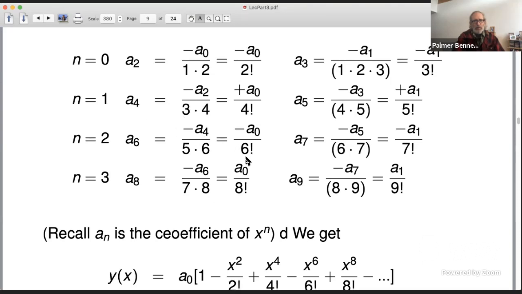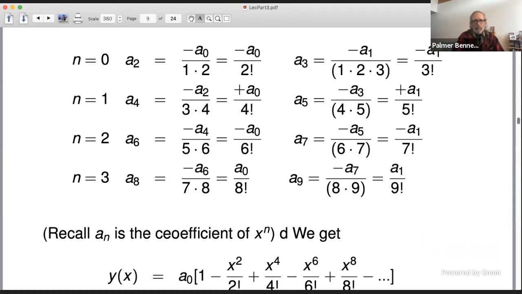A4 is the coefficient of x to the 4th. That's equal to A naught over 4 factorial. The A naught is outside here. So you get x to the 4th over 4 factorial. This one is going to give you minus x to the 6th. A6 is this. So you're going to get negative x to the 6th over 6 factorial, etc.